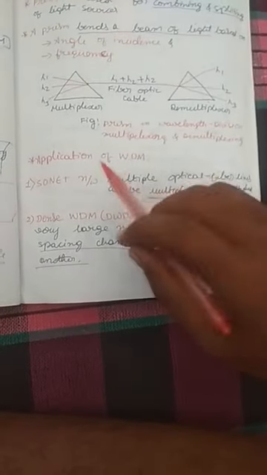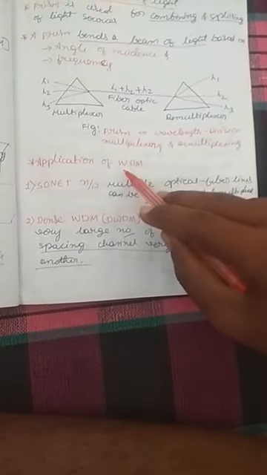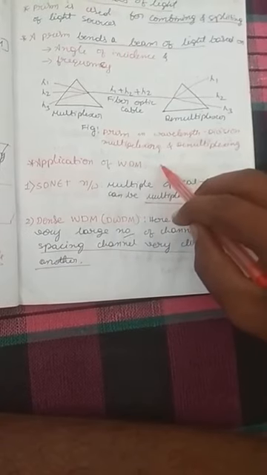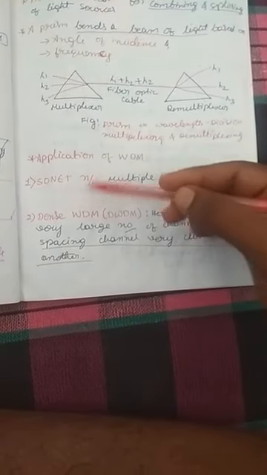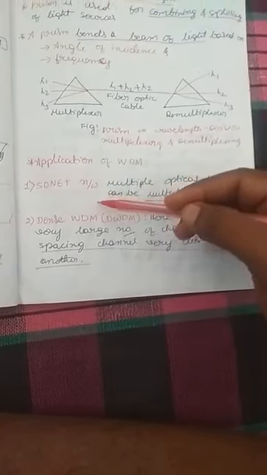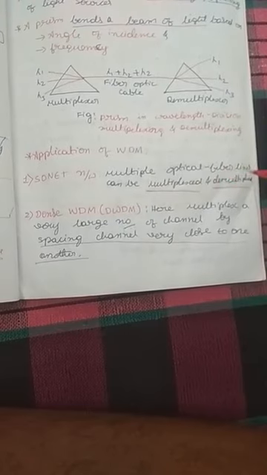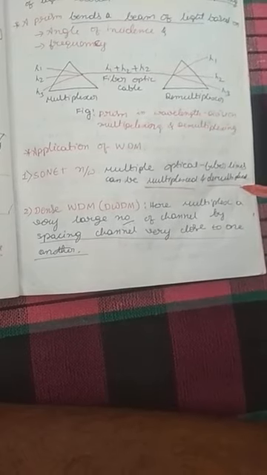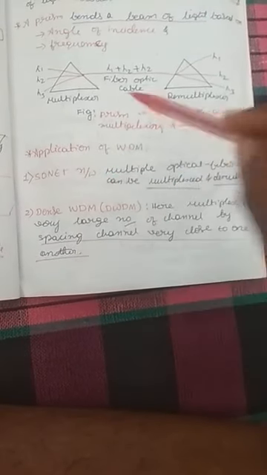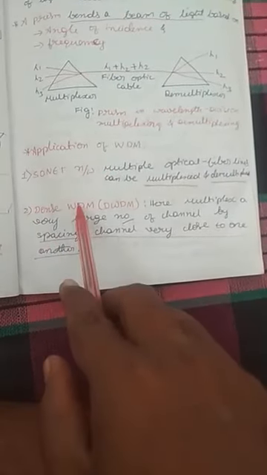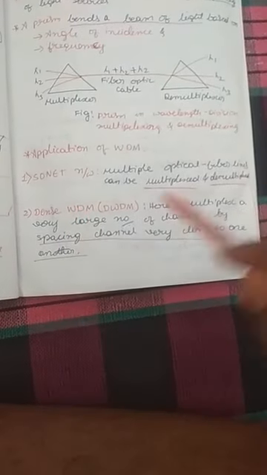Next, what are the applications of wavelength division multiplexing? It has two applications. One is SONET network. What is meant by SONET network? Multiple optical fiber lines can be multiplexed and demultiplexed. This is SONET network. Next one is dense WDM.